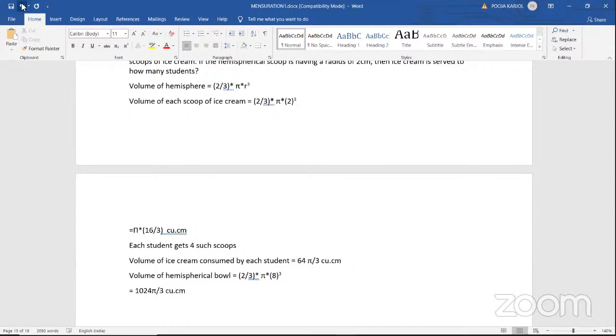Now you just have to divide them, both of them, this and this. So number of students is equal to 1024 pi by 3 by 64 pi by 3.